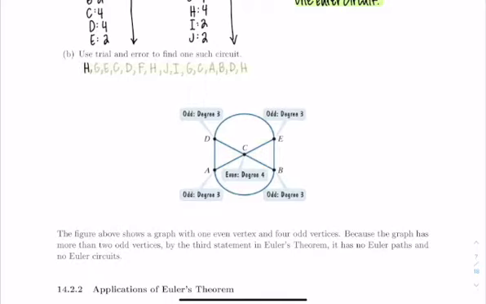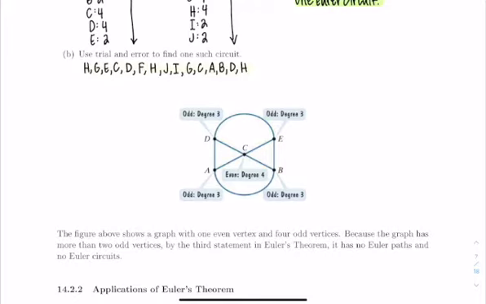So it would be H to G, and then G to E, and then E to C, C to D, D to F, F to H, H to J, J to I, I to G, G to C, C to A, A to B, B to D, and then we finished off at H.